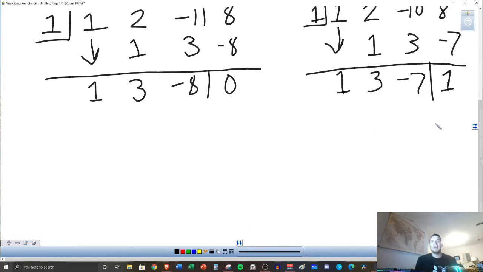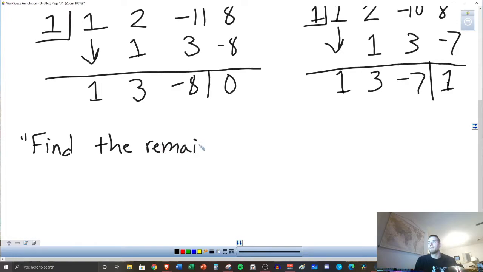So let's say that I gave you these questions and the direction said, find the remainder. Okay, well, we did that through synthetic division, but the purpose of this lesson is not so that you can use synthetic division. Obviously, that always works, and you can find the remainder that way, but in this case, we want a faster way to do it.